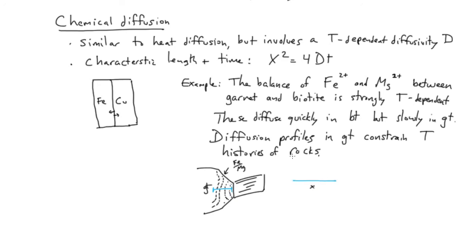So distance x, and let's say we do a profile of iron, we might see that it does something like that. So we can look at this distance, and we could use the characteristic equation here and figure out how long these things were next to each other at a certain temperature.